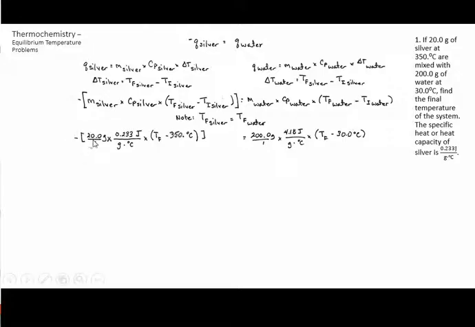We're going to take the 20 grams times the 0.233 joules per gram per degree C times TF. We're going to multiply those three together, and then we're going to subtract from that this times the 350 degrees C. Okay? And the same thing on the other side. This number times this number times this number.